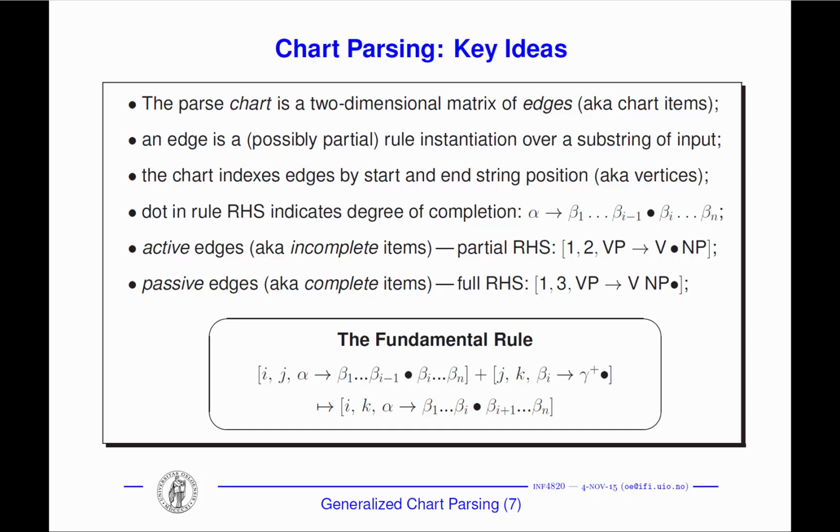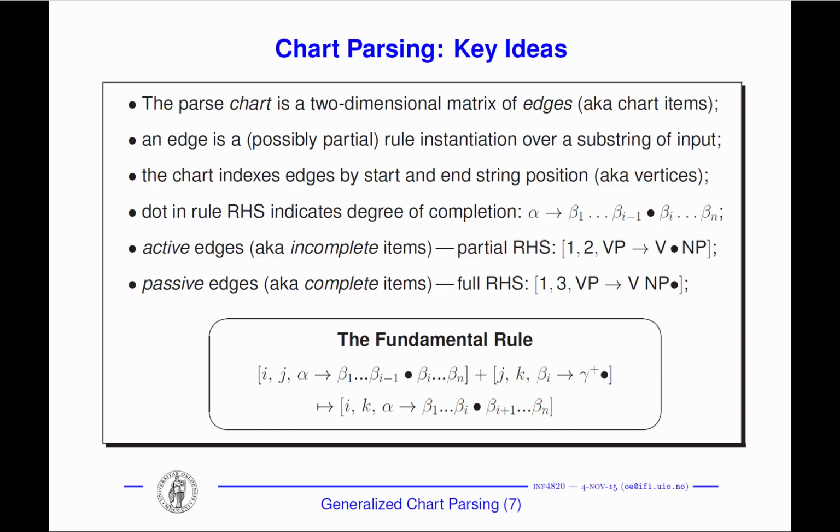Yes? Yeah, so you know you're looking for an NP. If there was a rule saying you can go from V to something else, like to part of it. Exactly, yes. So the active item records, I did say, an intermediate state of computation. And the intermediate state of computation is actually saying, I'll try to instantiate this specific rule at this point. So I'll see whether I can derive a VP from the combination of V plus NP. If there are other rules that might be applicable, then these will give rise to active items of their own.